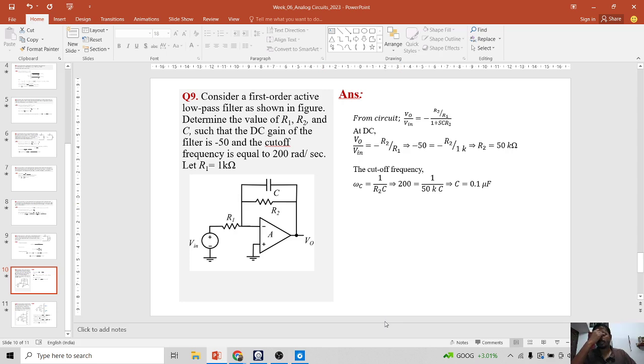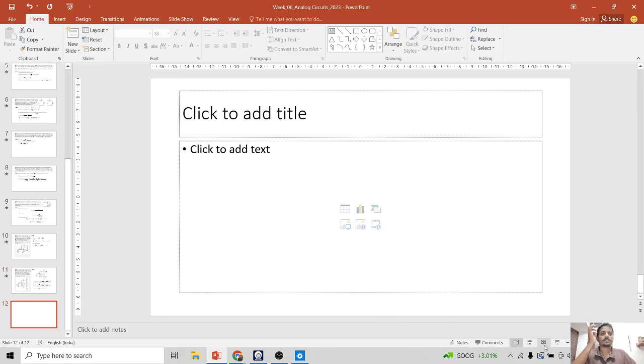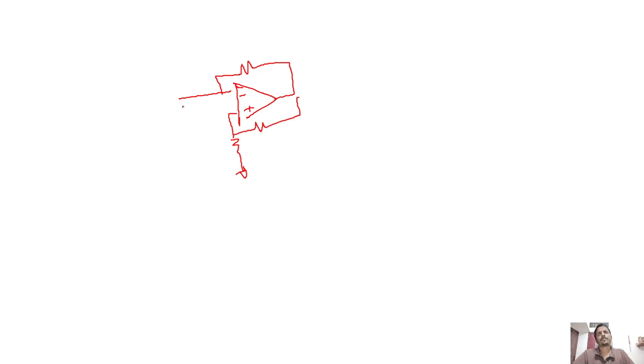It depends upon the monostable circuit. I don't remember it exactly, so I'll just try with the circuit. It will be somewhat like this, right? And we'll give some sort of trigger here.